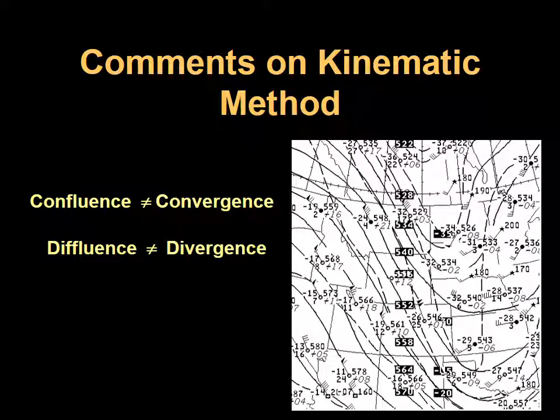As I said before, normally when we have air spreading out, it slows down. Diffluence in direction means convergence in speed, and vice versa. So don't just assume because the air is spreading out at altitude that you have divergence. It's not the case in the middle of the atmosphere.